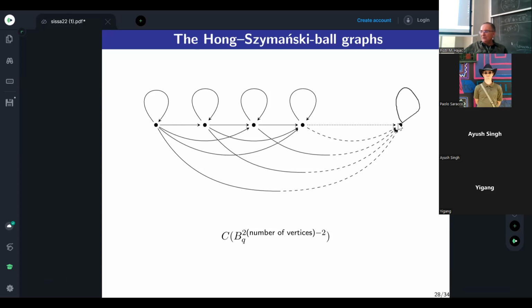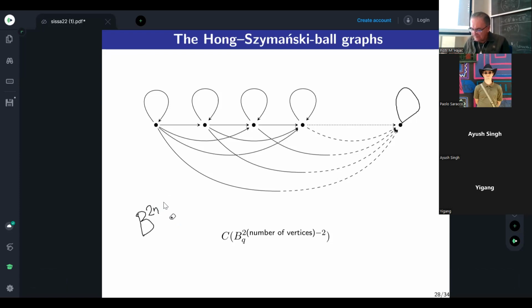And well, if you want to see a sphere as the boundary of your ball, then classically you have B^{2n}.